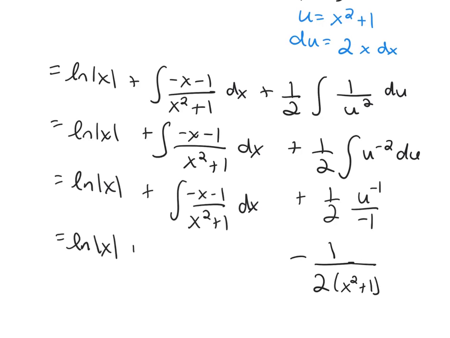So what we're gonna do, we did some of these last time, we split it up into two integrals. So I'm gonna pull out a negative out of both of them. Turn this into a minus x over x squared plus 1 dx, minus the integral of 1 over x squared plus 1 dx. Okay?